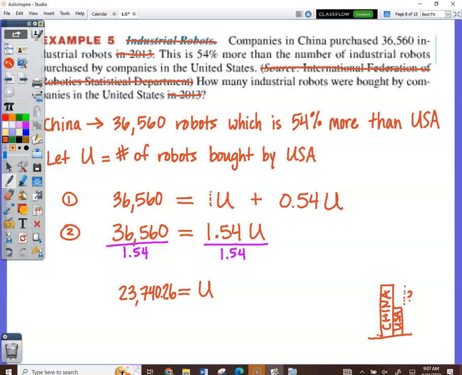Don't be technical. Can you buy 0.26 of a robot? No. You either bought the full robot or you didn't buy it at all, right? So you are going to be expected to learn how to round here based on the scenario. What makes sense? I would round down because of the 0.26. So the way I wrote it was the U.S. bought 23,740 robots.